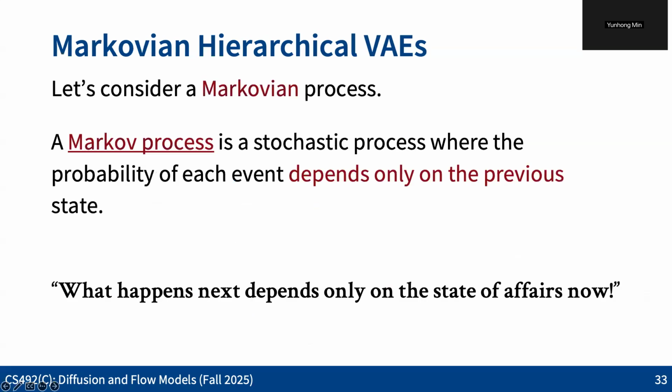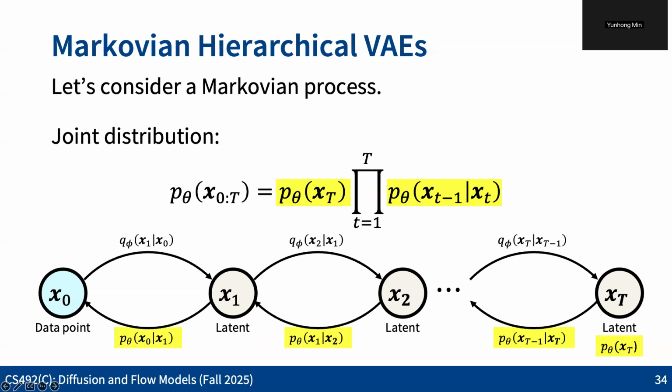We are adding this rule to make the process simpler, right? So if we think about our generation process, it is the mapping from x capital T all the way to x0. It was represented with a single conditional distribution in the VAE case, but now we have multiple steps like this.